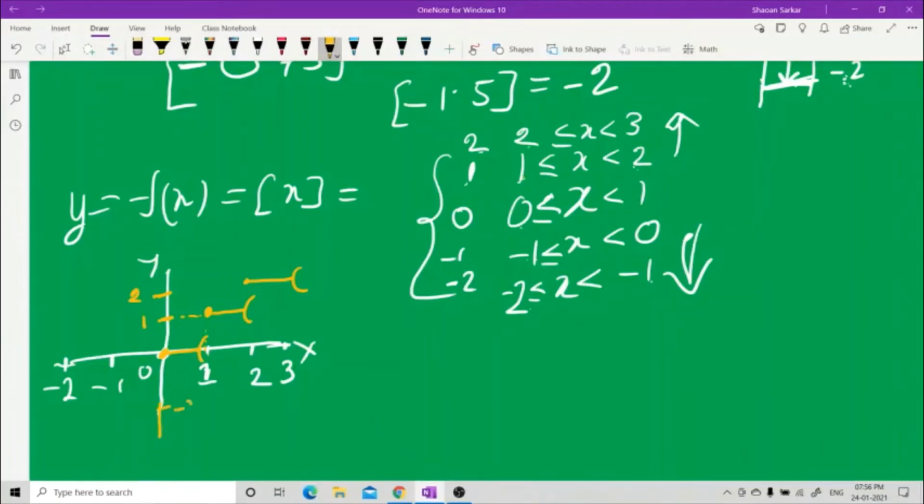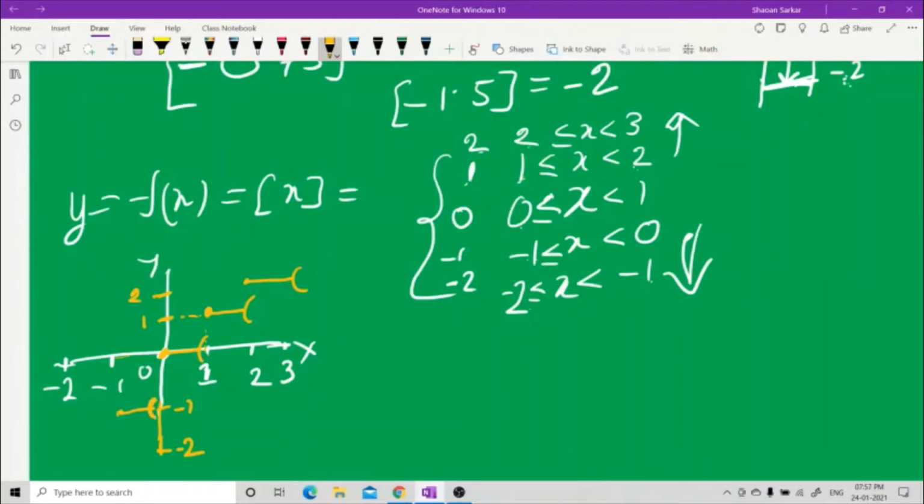This is -1 and this is my -2. Now see, what I'll do is that between -1 and 0, I'm talking about this line. This is always -1. So it will start from here and it will not touch this part.